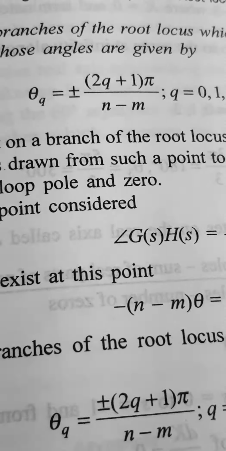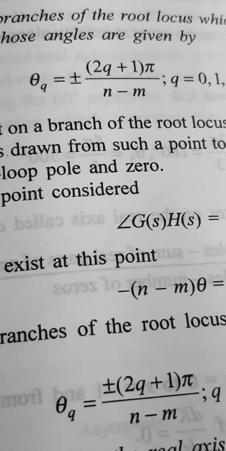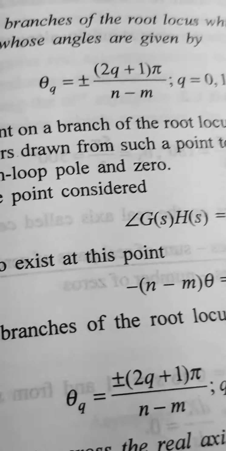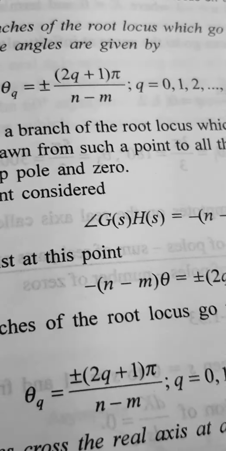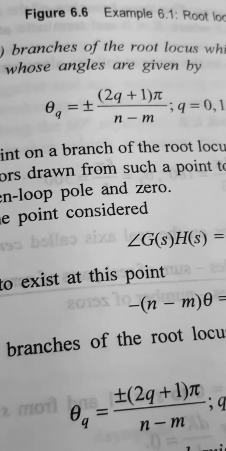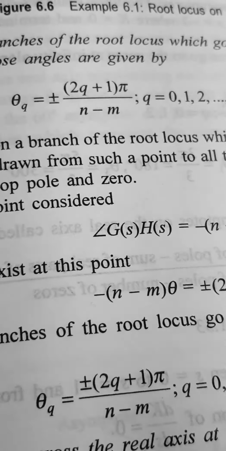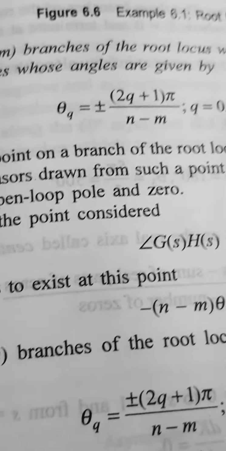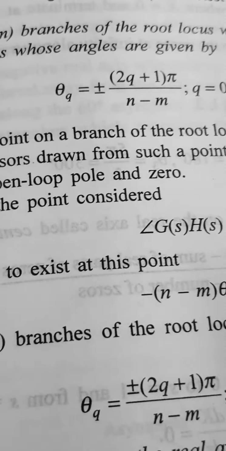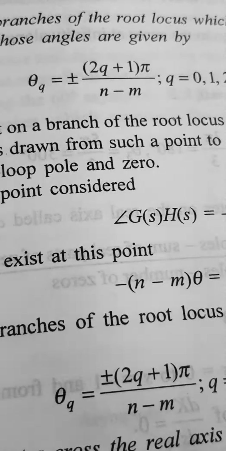Then what is an asymptote? An asymptote is a straight line that continually approaches a given curve but does not meet it at any finite distance. Once more, an asymptote is a straight line that continuously approaches a given curve.